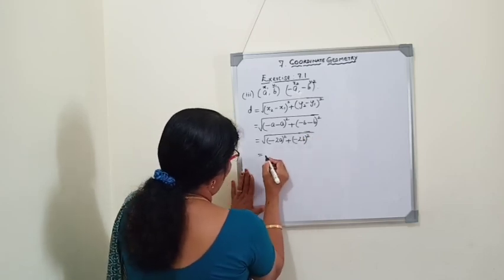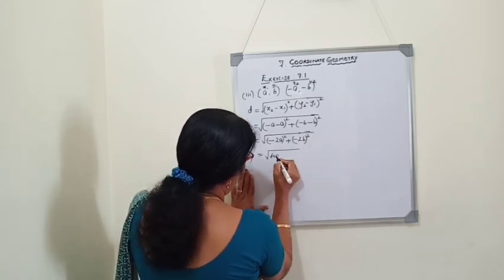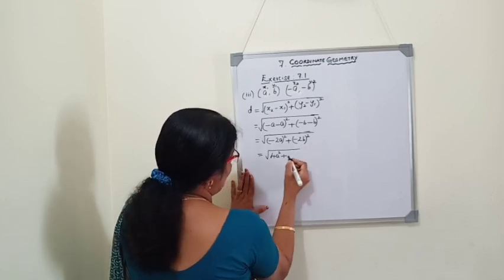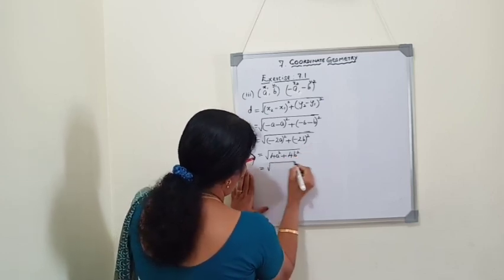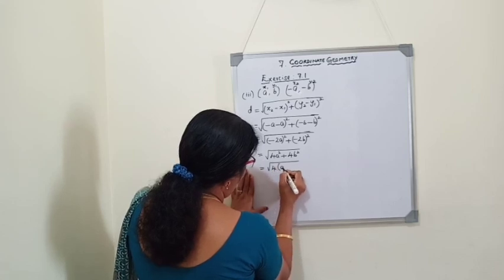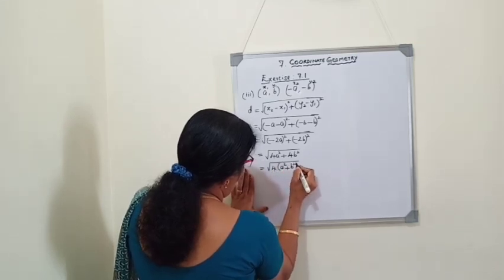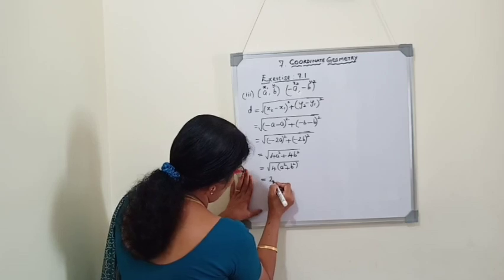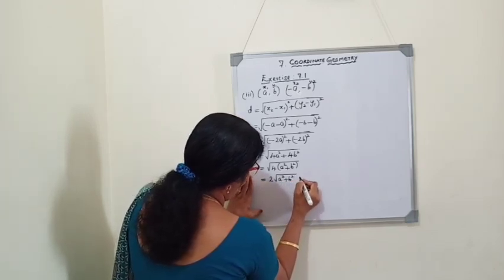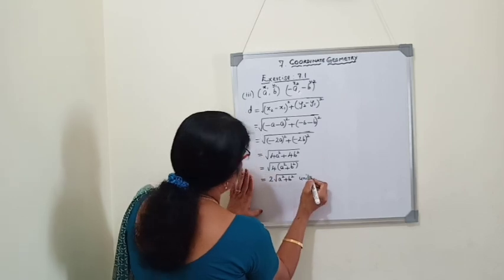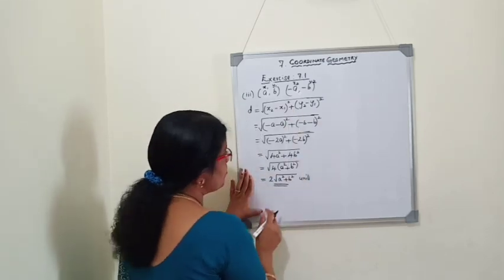Minus 2a the whole square is 4a square, minus 2b the whole square is 4b square. So here you can take 4 common, so a square plus b square. Square root of 4 is 2. So 2 into square root of a square plus b square units. This is the distance between these 2 points.